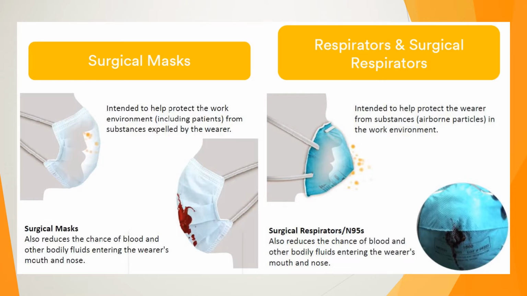This means they're not filtering the air that you breathe, and you're still susceptible to COVID-19, influenza, and any other respiratory viruses. Surgical masks can also protect the wearer from splashes entering their mouth or nose. For example, if somebody's standing in front of you and sneezes in your direction. We need to wear well-fitting P2 N95 masks for particle filtration and protection against these viruses.